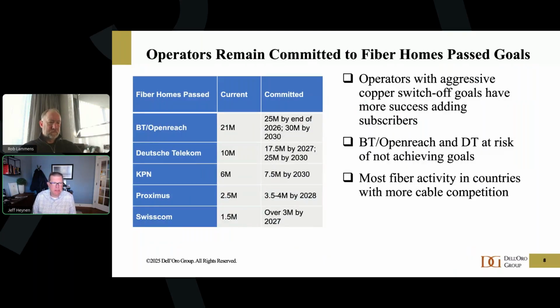So, as I mentioned, despite all of those challenges, operators remain firmly committed to their fiber homes passed goals. You can see a hand selection here of some of the larger ones and what their goals are. Some very ambitious, some not so much. But in a lot of countries we have high penetration rates in more urban markets, and now they're moving to more rural markets where the cost and the time associated with fiber deployments really become considerable factors.